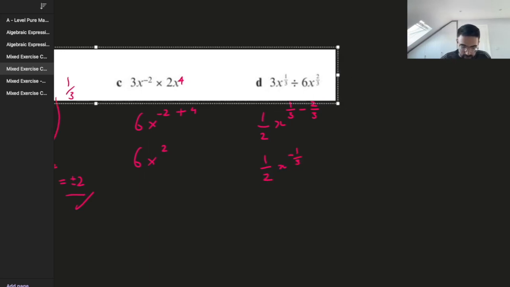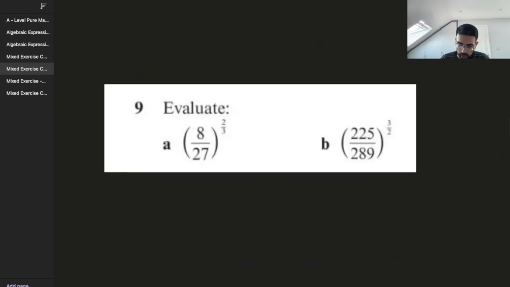Now, all this means is that my answer is going to be 1 over 2 the cube root of x. And this is essentially how I can write it. Okay, this is going to be correct. And I'm just going to write this in a brackets format just to make it ultra clear that it's the cube root multiplied by the x. Perfect. Let's move on to question number 9.